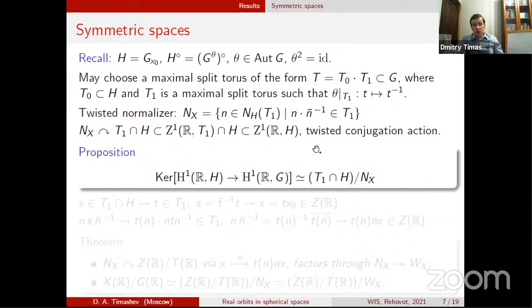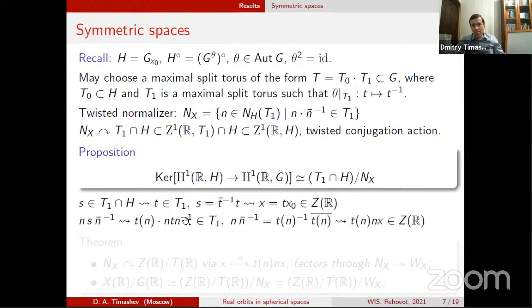So this result is already something, because for particular symmetric spaces, this set can be described, but it is not of the form which I introduced in the main theorem. Let me transform this proposition into this form.